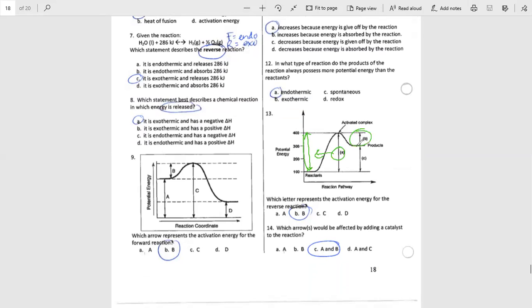This is reverse activation. Which arrows would be affected by adding a catalyst? A catalyst comes in and lowers the hill. So what arrows are affected by this hill being lowered? A, this arrow, and also this arrow, B. All right, and then moving along to the next page.